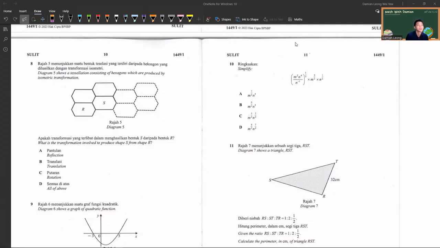So, the only possible transformation is translation, where it shifts position. Hanya translasi yang mungkin.